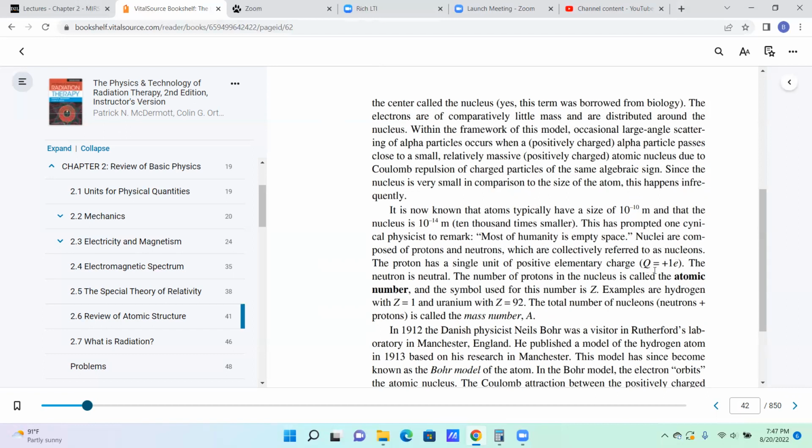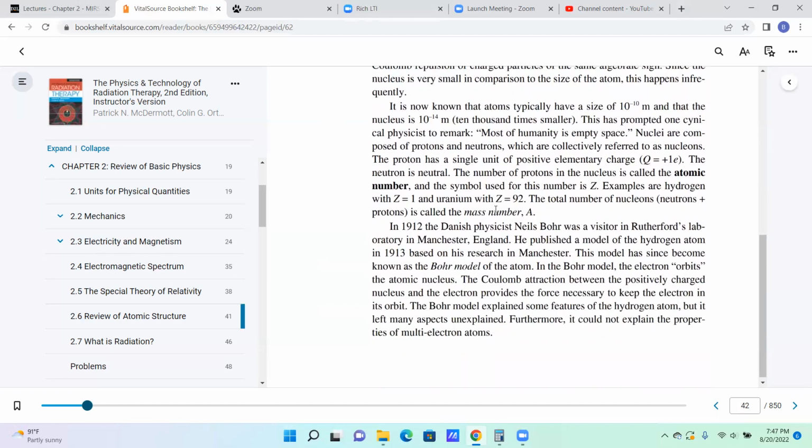A proton has a single unit of positive elementary charge. The neutron is neutral, and the number of protons is called the atomic number, represented by Z. Hydrogen has Z equal to 1, uranium has Z equal to 92. The total number of nucleons is called the mass number.